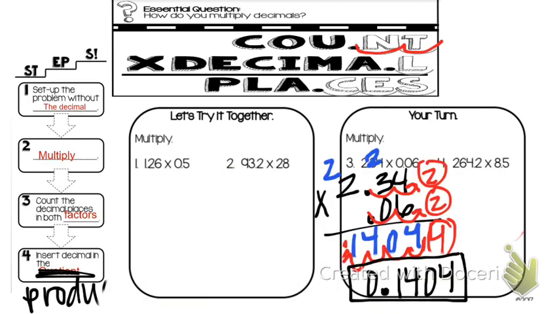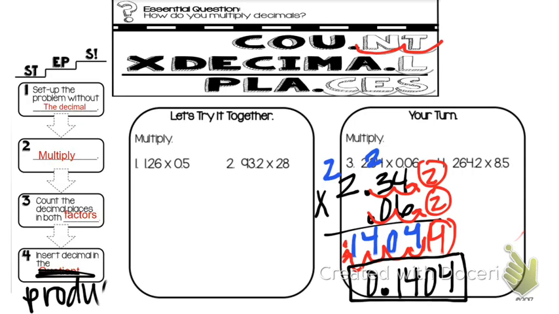Okay, so the correct answer should have been 0.1404. If you guys don't put that 0 in front of the decimal, it's fine, and if you just left it as .1404, that's great too. So when we multiply, we have 2 decimals in the first factor, 2 decimals in the second one, so that means I have to move it in a total of 4 times.